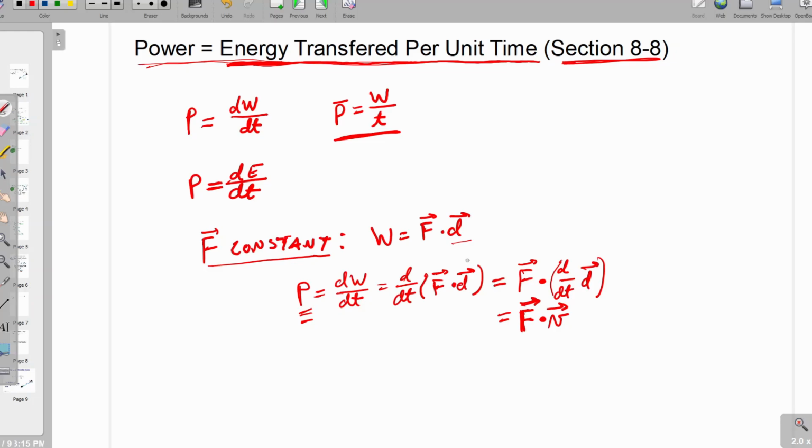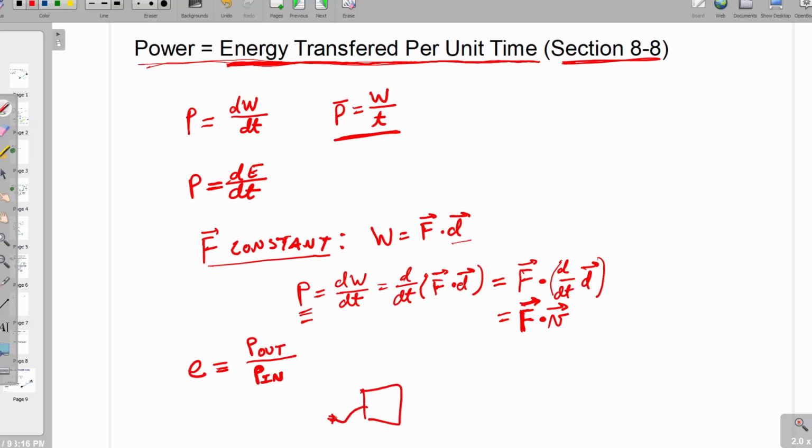One last thing to say about power is that we can define efficiency in terms of power. Efficiency is going to be the power that is output by a system divided by the power that is put into a system. So let's say I'm talking about a microwave here. The power put into the system would come from the outlet.